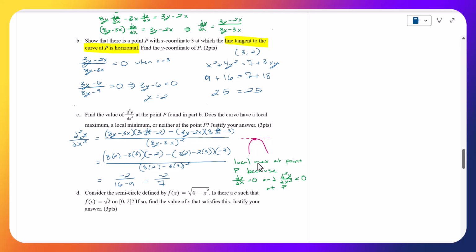And if you guessed that it was a local max, congratulations, you got yourself a free point. You could have guessed that, and I would have given it to you. And the second point was because of this part right here. dy over dx equals 0. We have a critical point. And d squared y over dx squared is less than 0, we're concave down at point P.